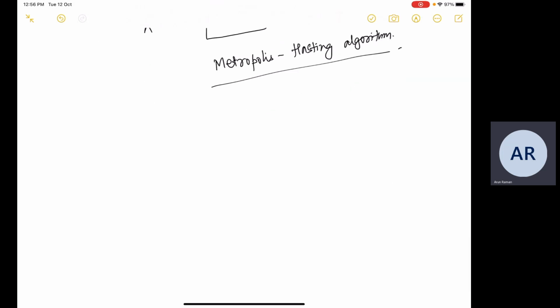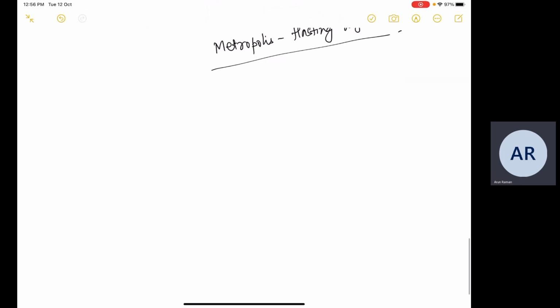But before going into the details of what the Metropolis Hastings algorithm is and what it does, we look at a key concept, detailed balance.